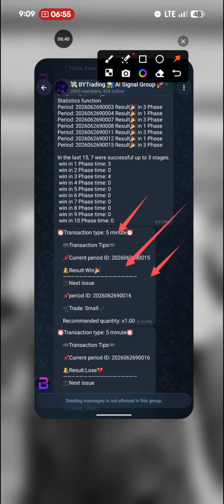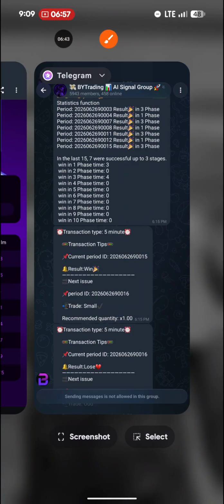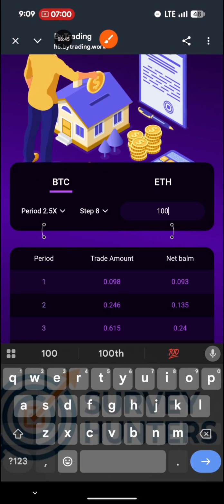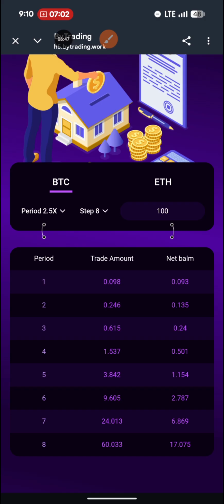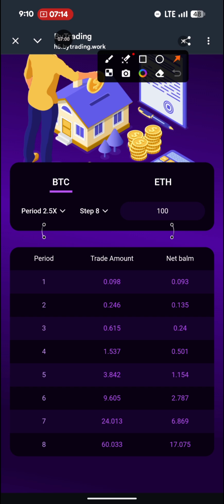Now if I go back to the platform, under this calculator, imagine, let's say I want to risk $100. $100 is what I want to use to trade. Once you input the $100 here, if that's the first trade that was sent that day, the tradable amount, what you are going to use to trade, is this 0.098.